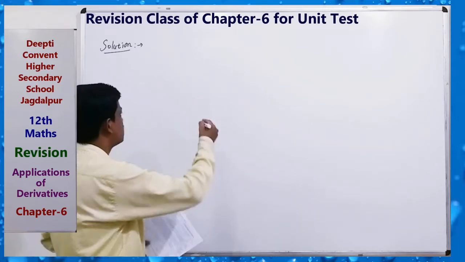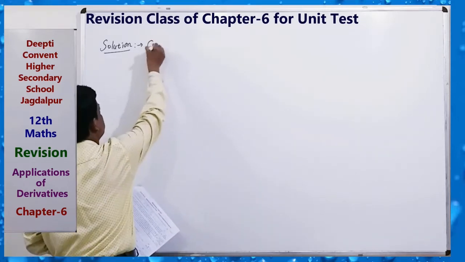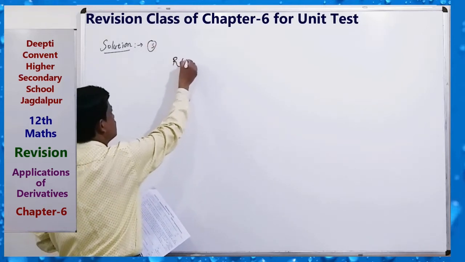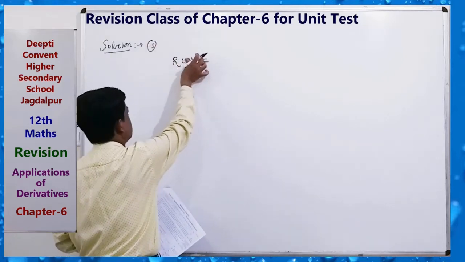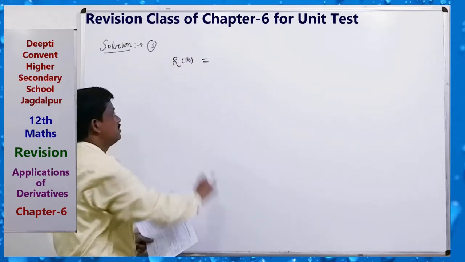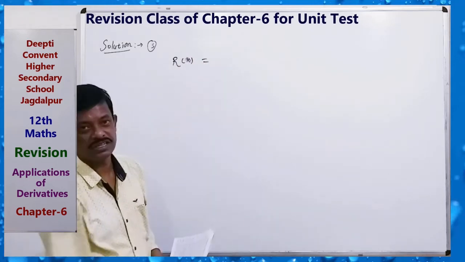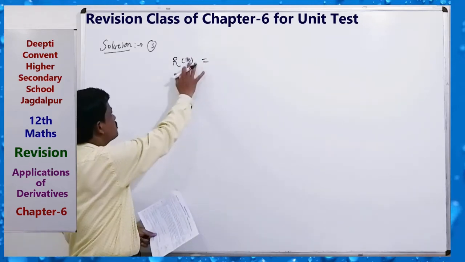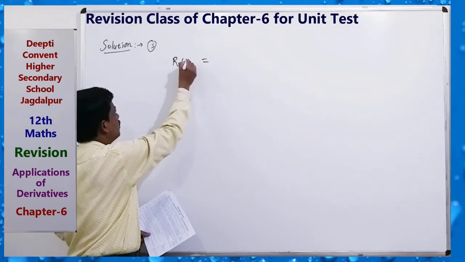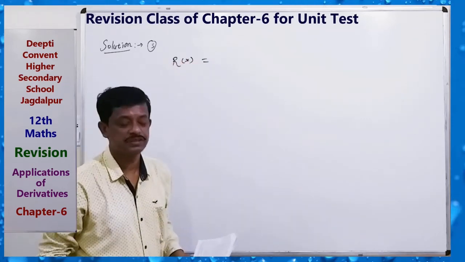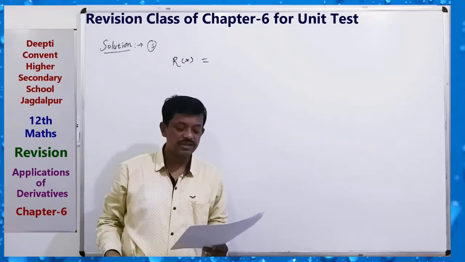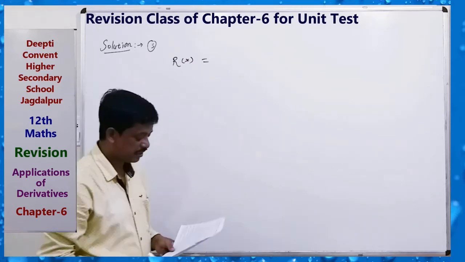Here the revenue function is given. Revenue function means R(x). Okay, remember it is a revision class. So for this question's solution, R(x) is the revenue function. x means the number of units of product.